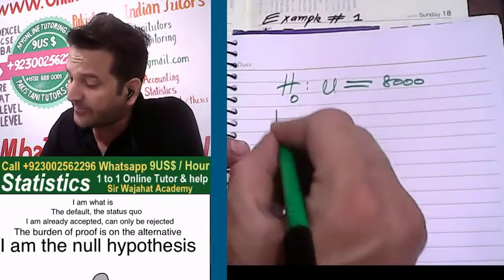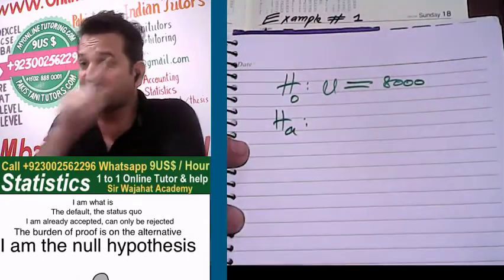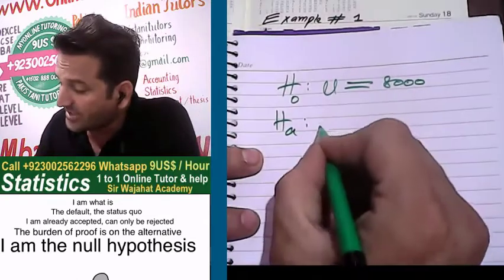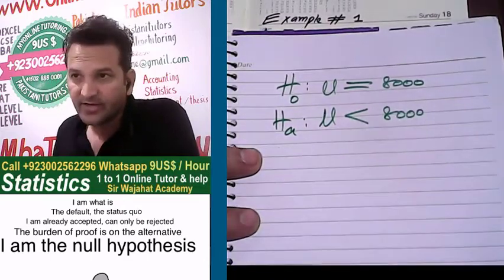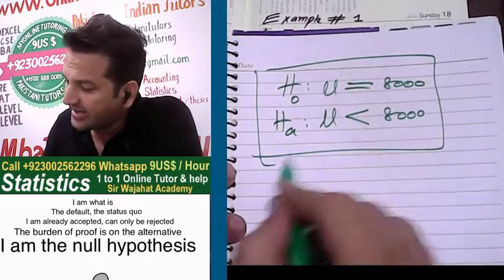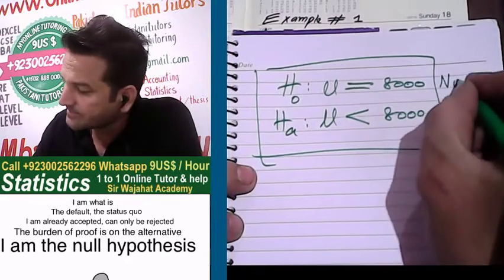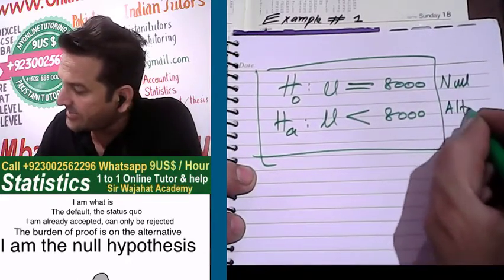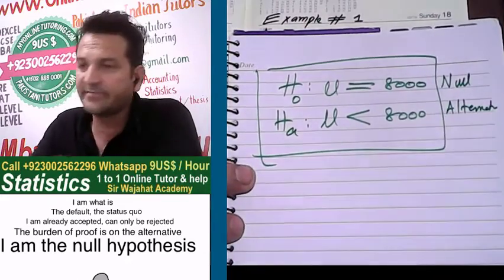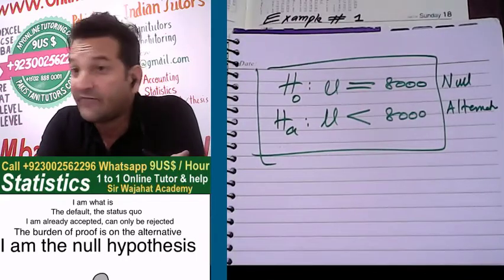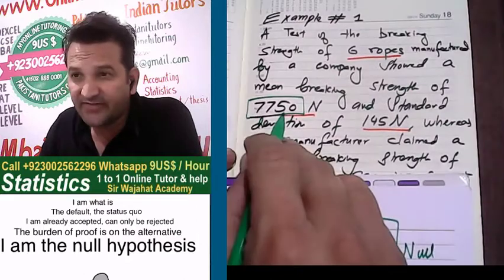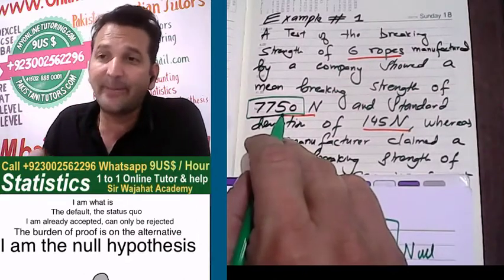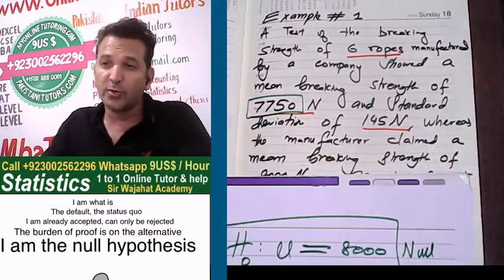So the alternative hypothesis will be developed to check the strength of rope, whether mu is less than 8000. So this will be the null hypothesis and this will be the alternative. We have not used the value of 7750 which belongs to the sample. This is the main point to note.